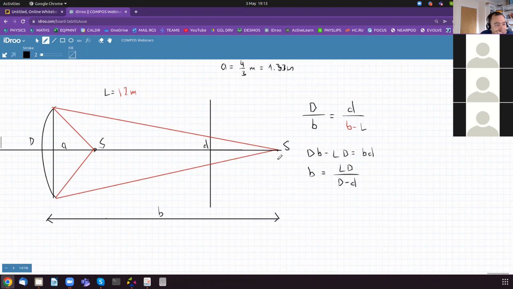You can help me out here. So capital D divided by B, by this distance, equals small d divided by B minus L. BD minus LD is equal to BD. If I calculate, the answer is going to be negative. So what's going on?